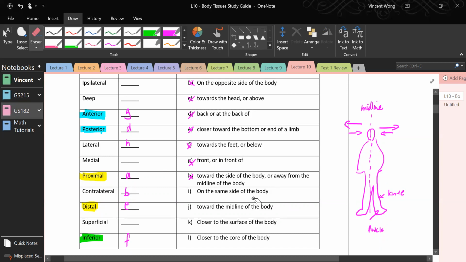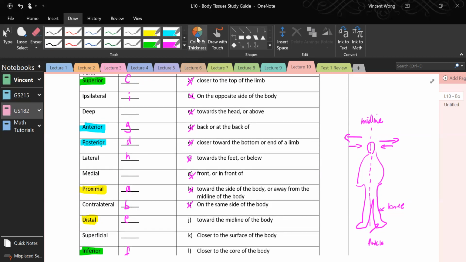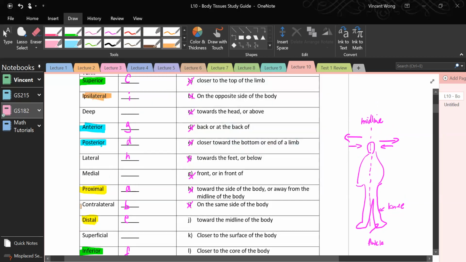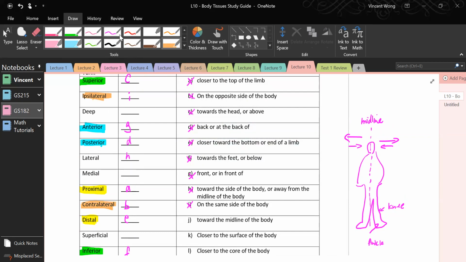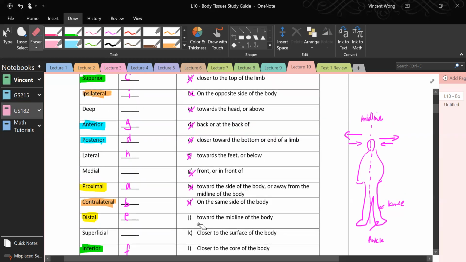On the same side of the body, that's ipsilateral, right here. What color have we not used yet? Ipsilateral is opposite to contralateral. Again, if you have a question, please let me know.